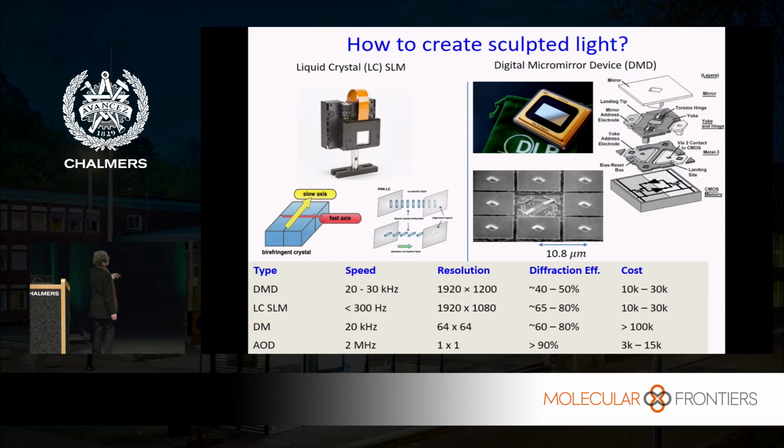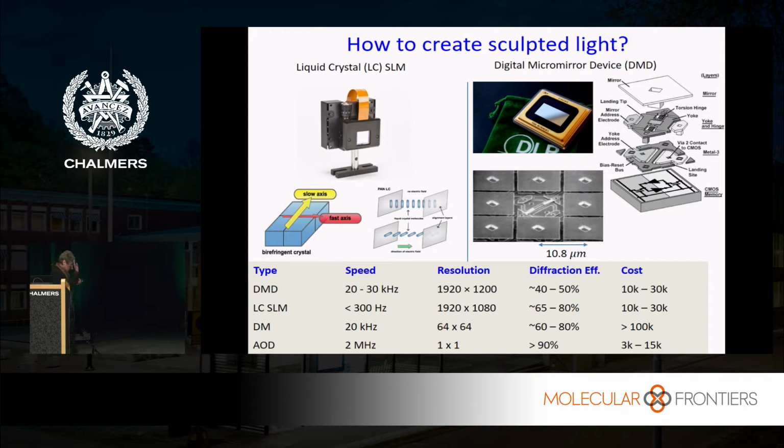And the digital micromirror device that I'll be using most of the time, as Emmanuel pointed out, is just a collection of tiny, tiny mirrors, and they can wiggle within a certain angle, and I can program each one of those in such a way that I will, at the end of it, have a particular type of light field.